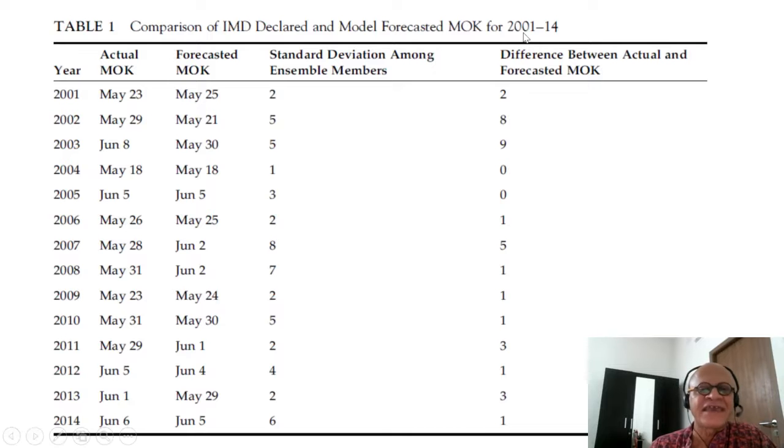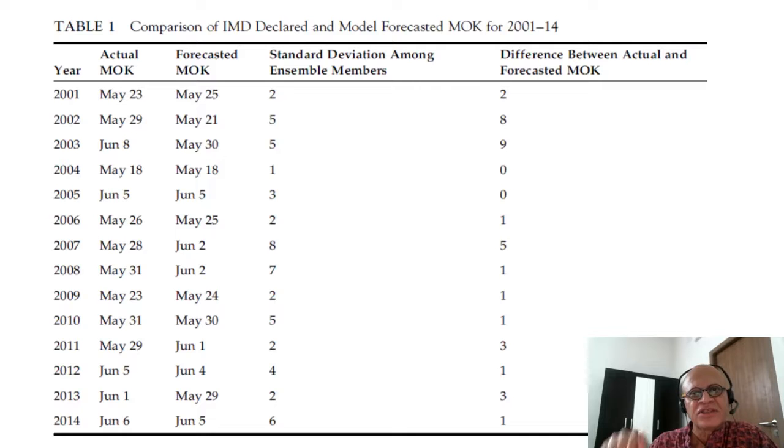So these are hindcasts, because the actual dynamic forecast didn't start in 2001, it started around 2013, I think. Nonetheless, every year IMD declares a monsoon onset several weeks before June 1st. So this year I think it's supposed to happen on May 31st. There was a cyclone Tauktae, which tends to affect the monsoon trough, which is coming from the southeast from over the northwest Pacific across the maritime continent and the South China Sea.